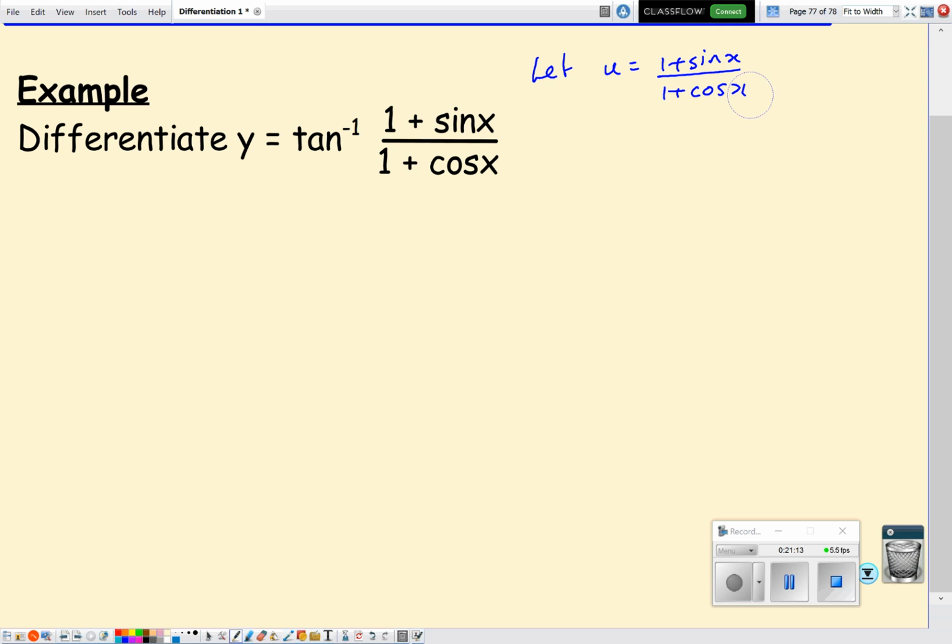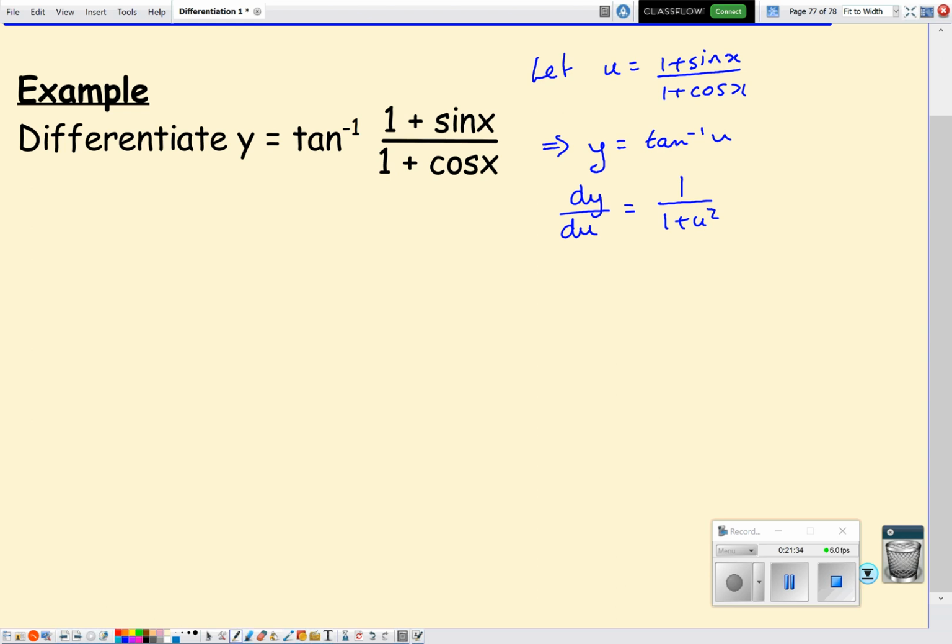The beauty of that is that y will equal inverse tan u, and so dy by du will equal 1 over 1 plus u squared. That's the easy part. Let's park that for now.